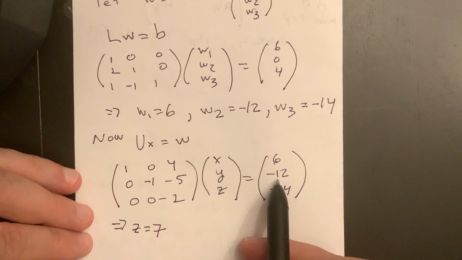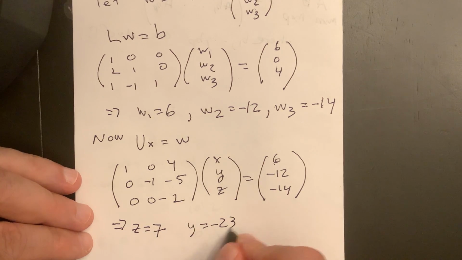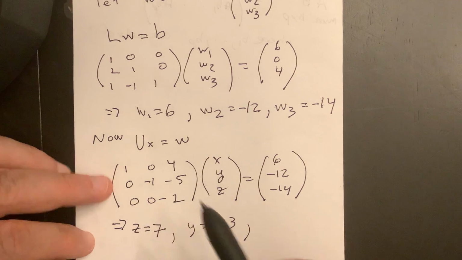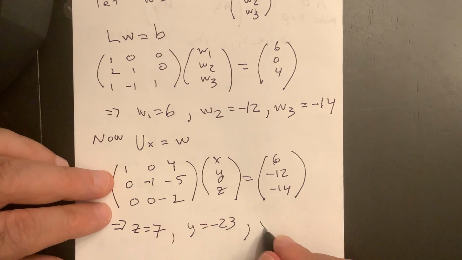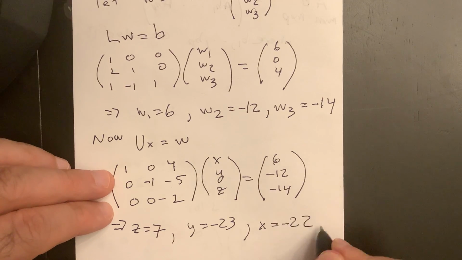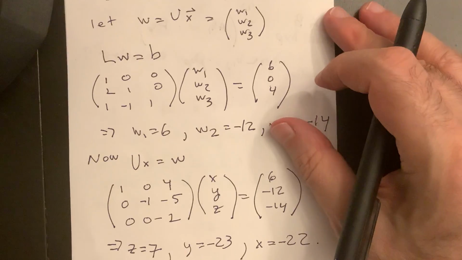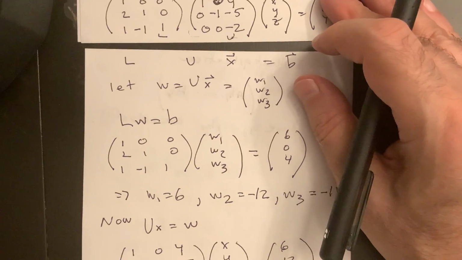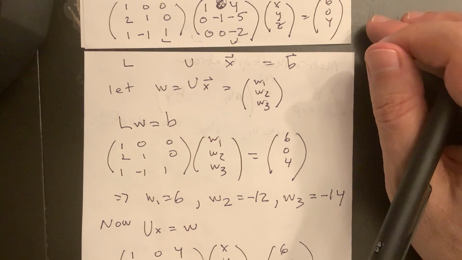I add it here, I get plus 23, so Y is minus 23. And now I put these both in, so I get plus 28. I subtract it, so I get X is minus 22. So the point is, doing two substitutions is many fewer operations than Gaussian elimination and one substitution.